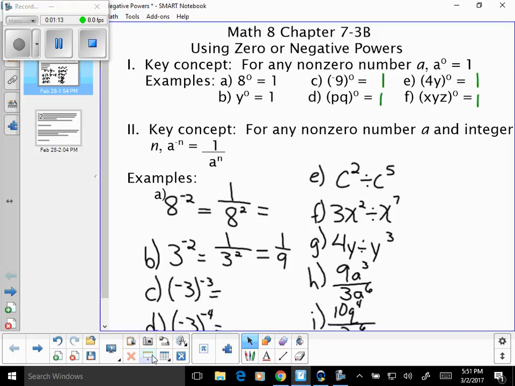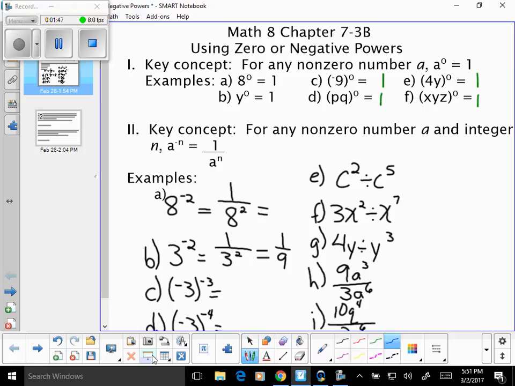So a to the negative n power, as soon as you see that negative number in the exponent, it forces it to become what's called the reciprocal. So instead, we are going to write it as 1 over a to the n. Notice that when we put the n in the denominator to show the reciprocal, we are going to get a positive number.